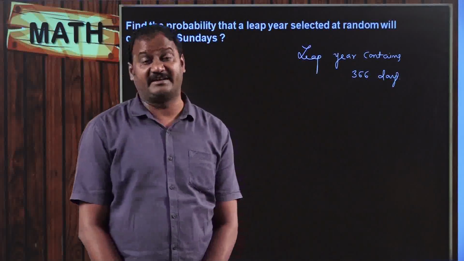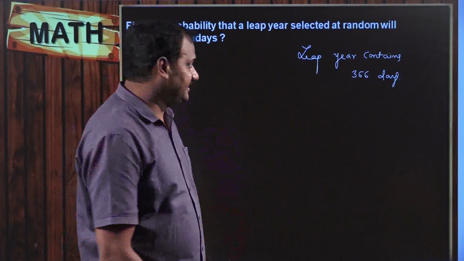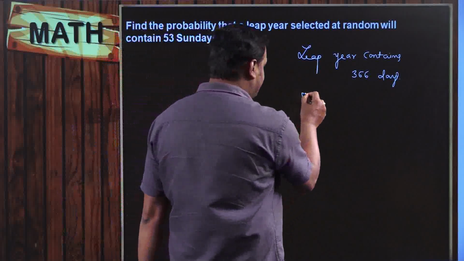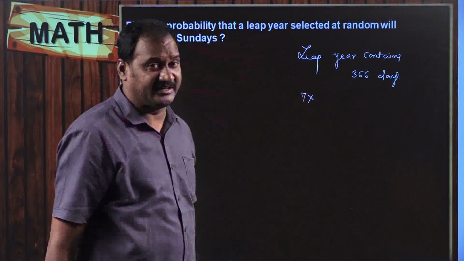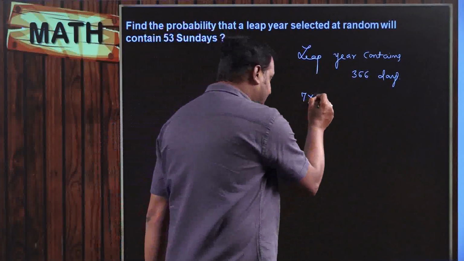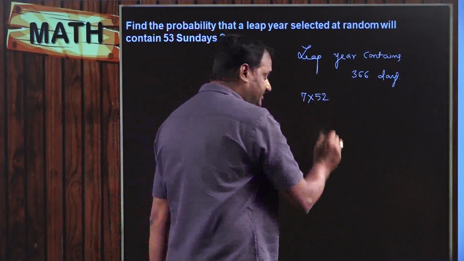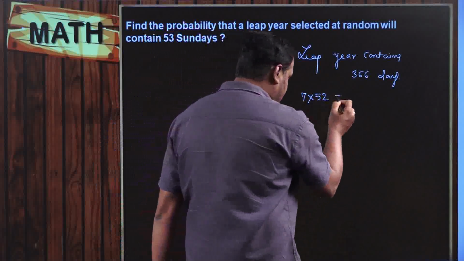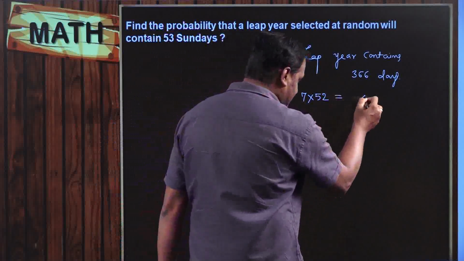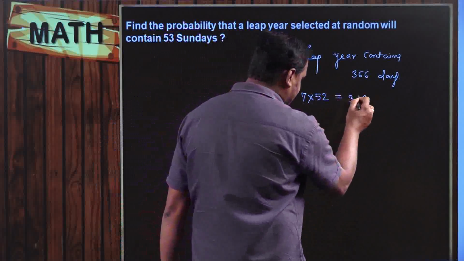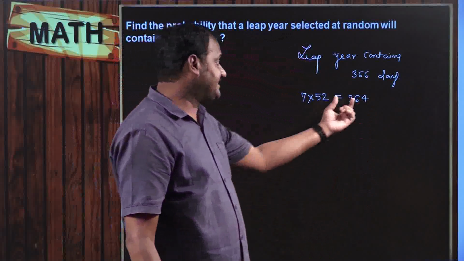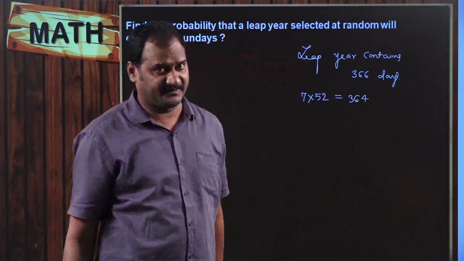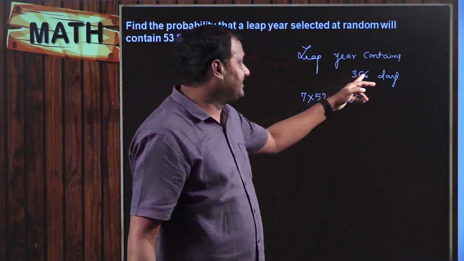So out of 366 days, when you divide that into weeks, how many weeks will be there? A week has 7 days. So 7 times 52 is equal to 364: 7 twos are 14, 7 fives are 35 plus 1 is 36. So 364 days has 52 weeks, but we have 366 days.